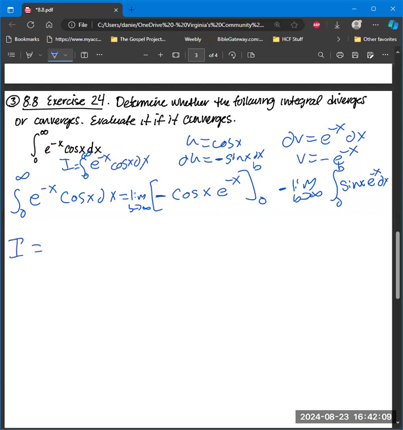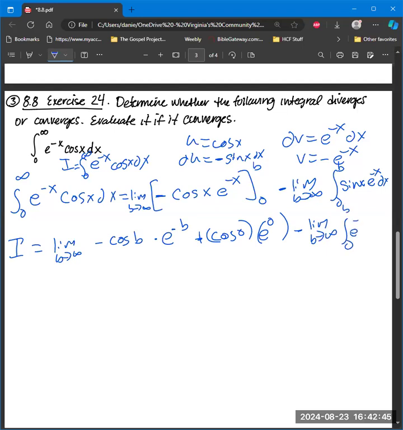Call this side I, which is equal to the limit as b goes to infinity of negative cosine of b times e to the negative b, plus cosine of 0 times e to the 0, minus the limit as b goes to infinity of the integral from 0 to b of e to the negative x sine x dx.